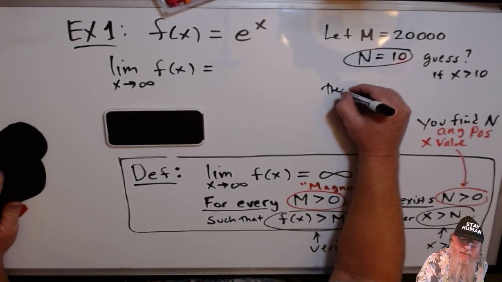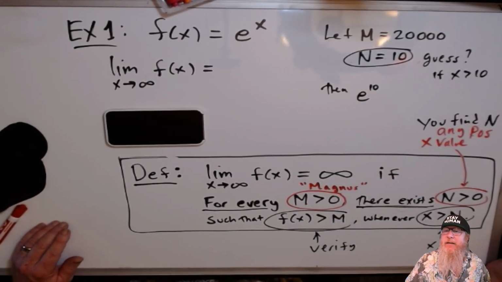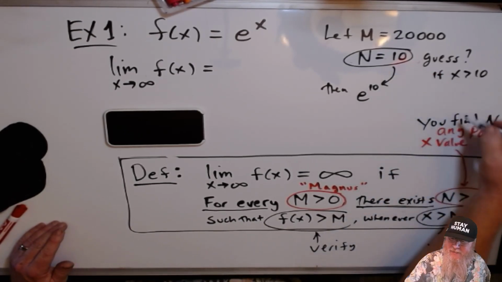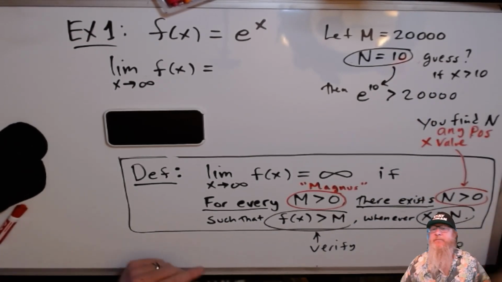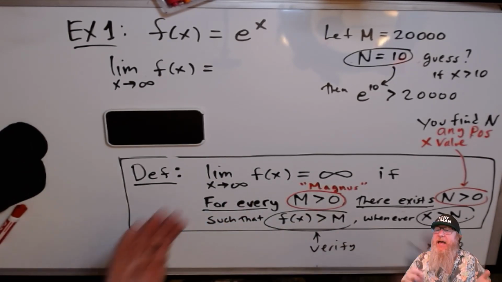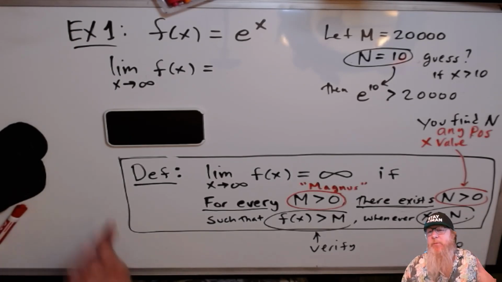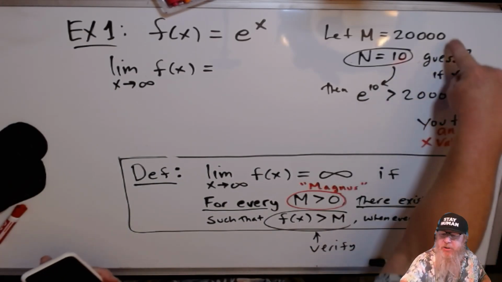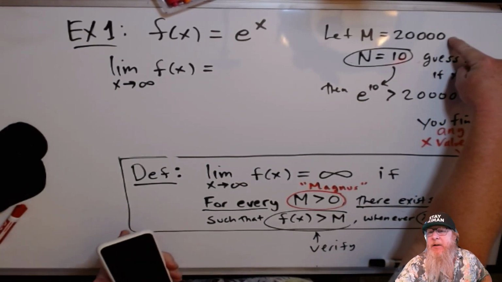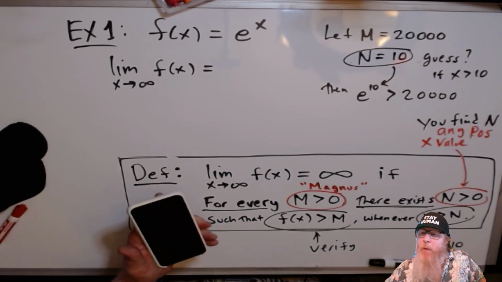then e to the 10, that's our x, we're plugging it in, is greater than 20,000. So anytime x is bigger than 10, we're guaranteed that the function will be greater than 20,000. And if you pick a larger number, if you pick 1,000,000, then N will probably be bigger than 10, maybe 12.